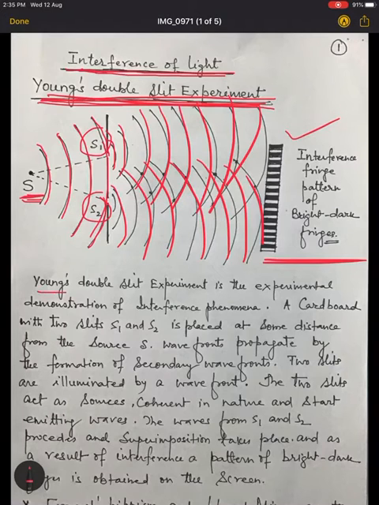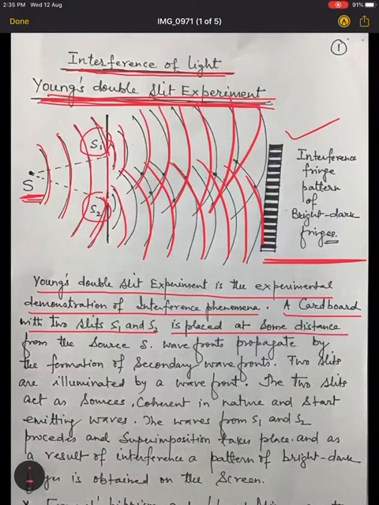So this is explained here. Young's double slit experiment is the experimental demonstration of the interference phenomenon. An opaque cardboard with two slits S1 and S2 is placed at some distance from the source S. Wavefronts propagate by the formation of secondary wavefronts, as we have discussed in Huygens' theory of secondary wavelets.